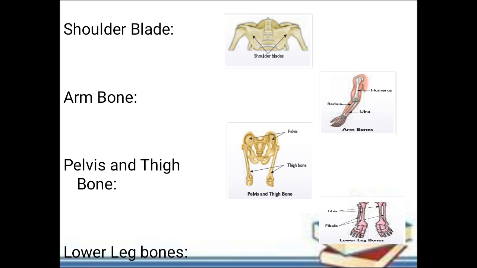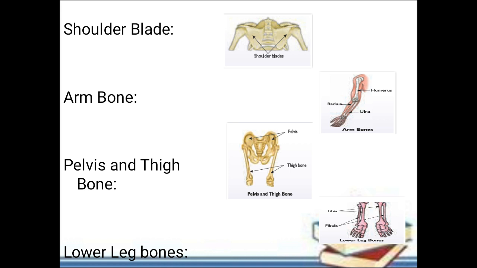Okay, and pelvis and thigh bone. The pelvis is nothing but the hip bone. It is a bowl-shaped bone which helps to maintain and balance our body weight. From this pelvis only the thigh bone gets connected. The thigh bone starts from the pelvis region to the knee part, and it is a single long bone.